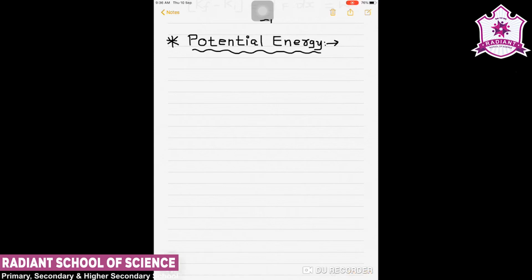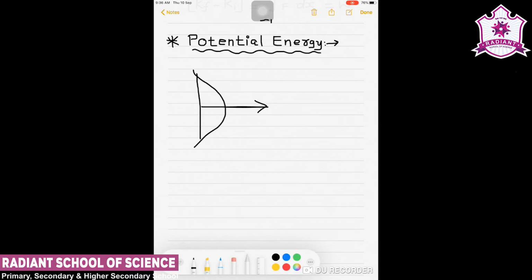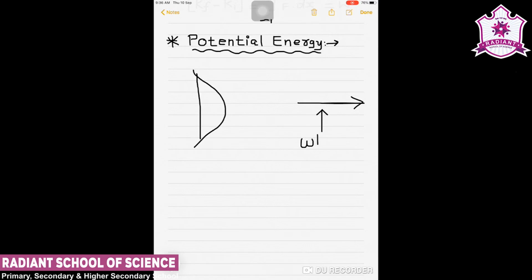Suppose we have a bow and arrow. If the arrow is stretched on this bow and we release it, it will move with a greater speed. So why does it move with greater speed?